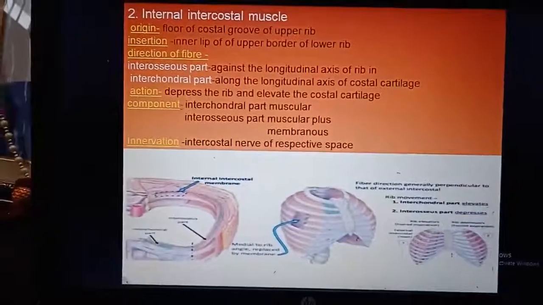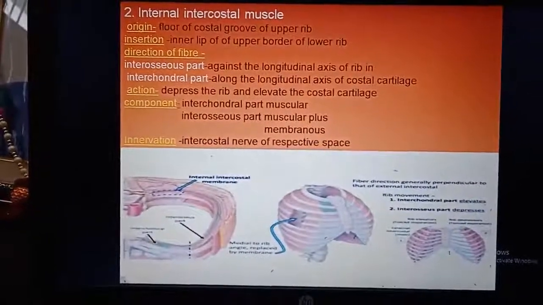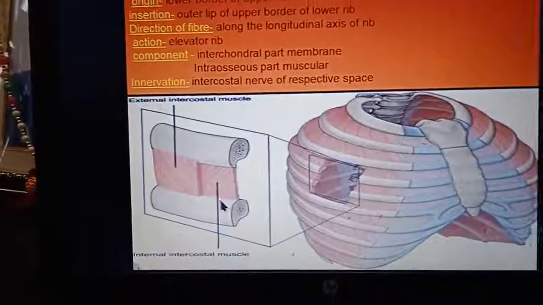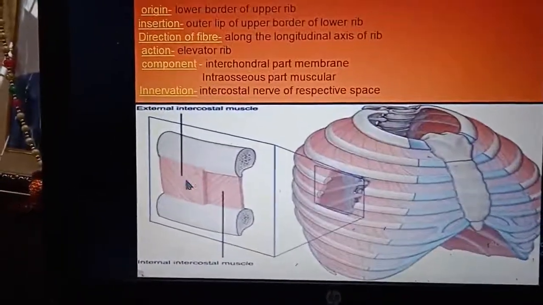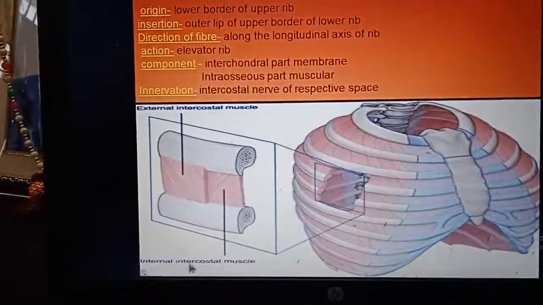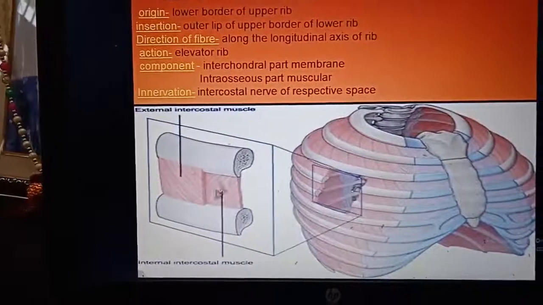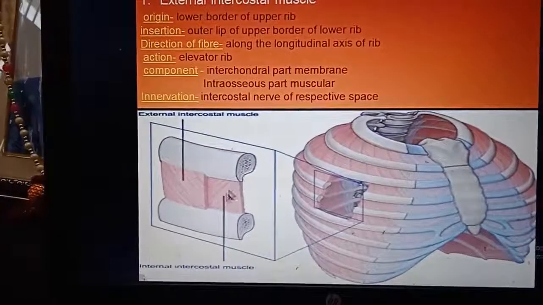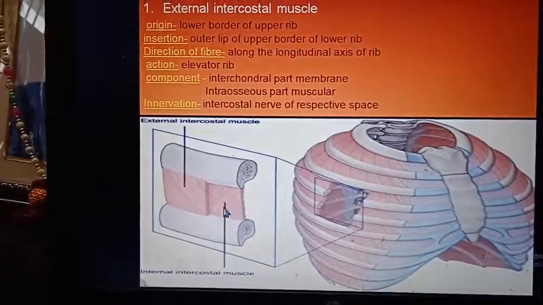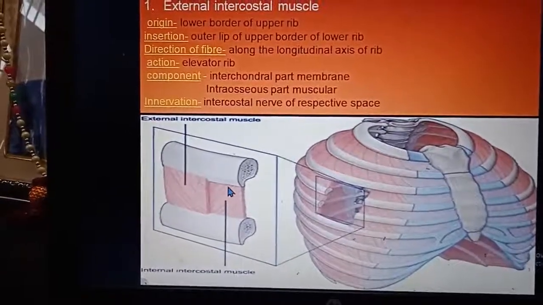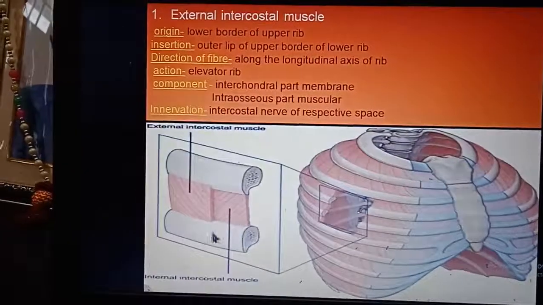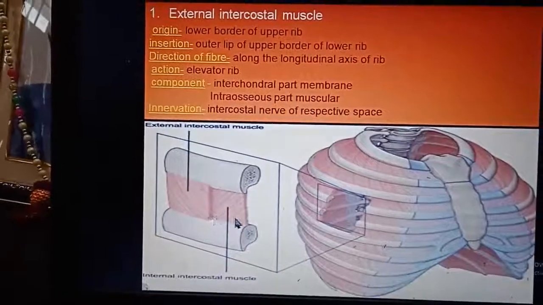And the direction of fiber is against the longitudinal axis of the rib. Here you can see this is along the longitudinal axis in the external intercostal, but in the internal intercostal it is against, just like crossing the arm across the chest, like this. But origin is always from the upper rib and insertion is to the lower rib, always. But the direction of fiber varies.